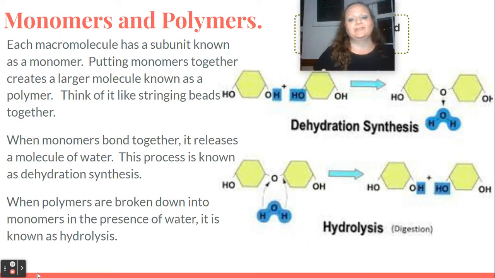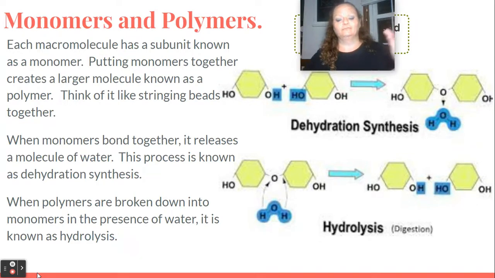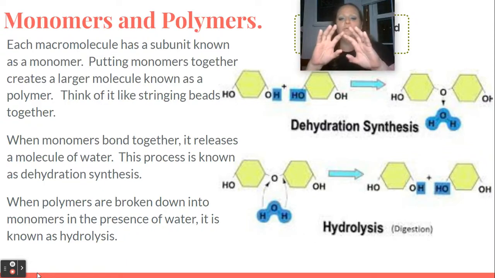When you start sticking them together, they start bonding to each other. And when they bond to each other, they actually go through a process that we call dehydration synthesis. Water is released, much like this graphic is showing. Water gets released because a hydrogen and then a hydroxide are released together and they're going to form water. So it's called dehydration synthesis, even though water is being produced, because the polymer, as it's made, the monomers are actually dehydrating. They're releasing their water.